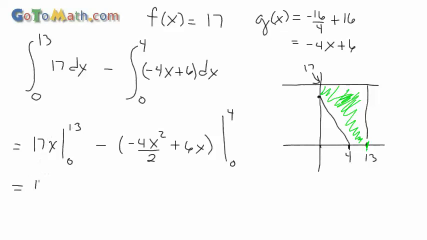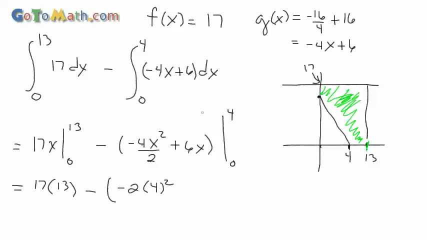All right, so let's look at this. So plugging in 17 times 13, that's obviously the area of the big piece, minus, now look here, we can simplify this down a little bit, that's a 2. Don't worry about that minus sign just yet. So this becomes, we're going to start parentheses here, negative 2 times 4 squared.